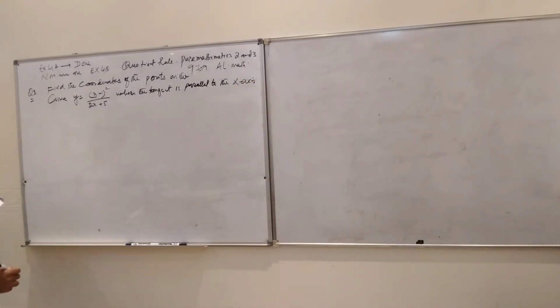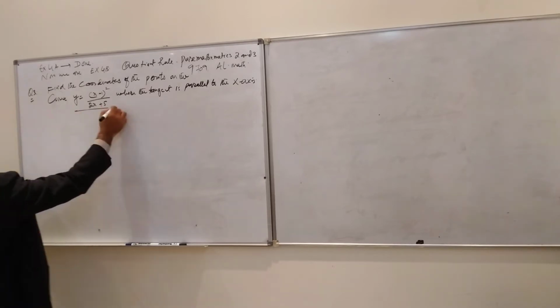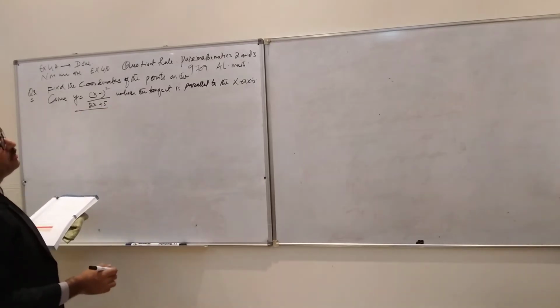This is question number 3 of exercise 4B. So let's find the coordinates of the points on this curve where the tangent is parallel to the x-axis.